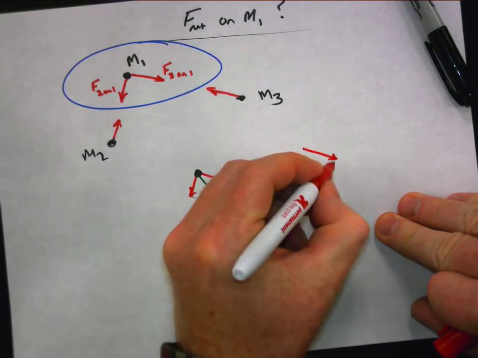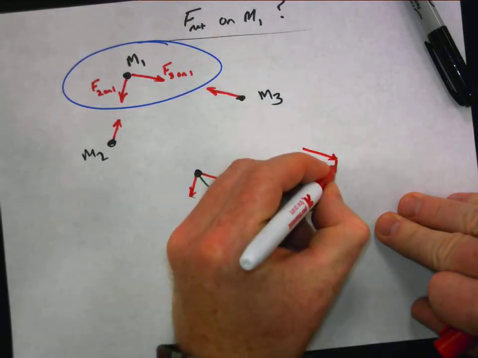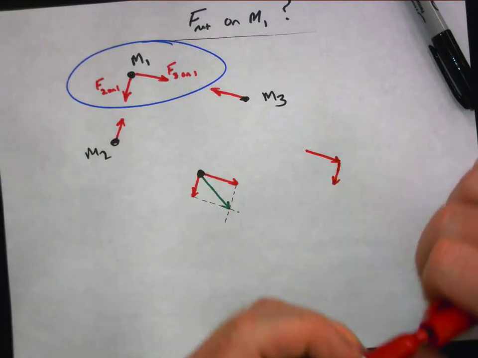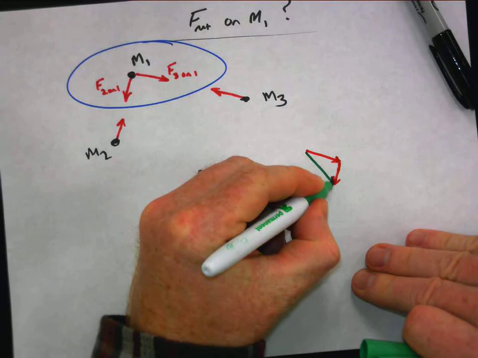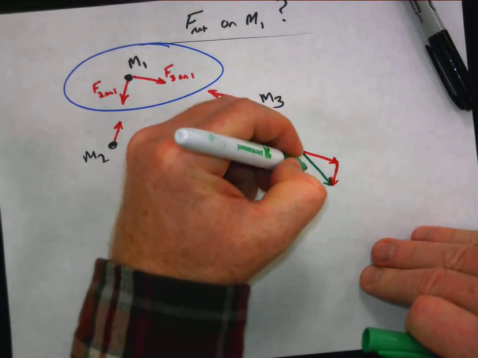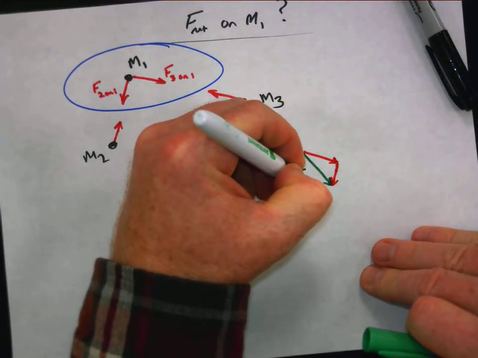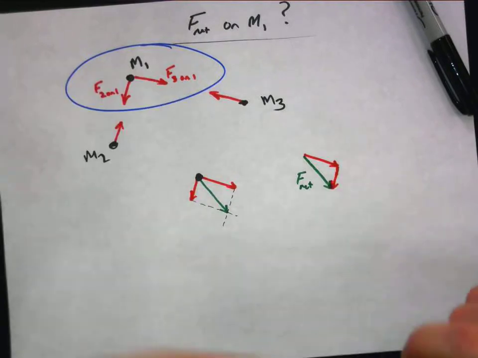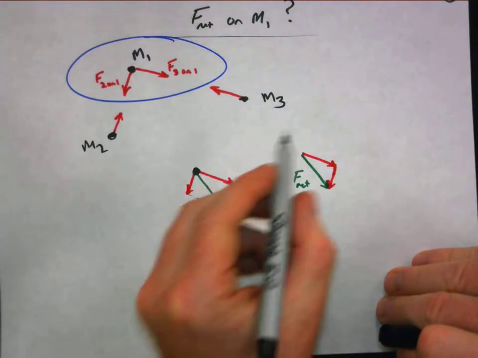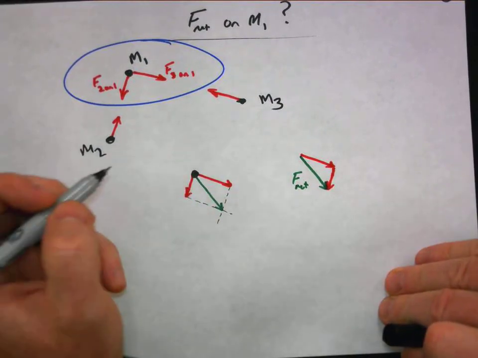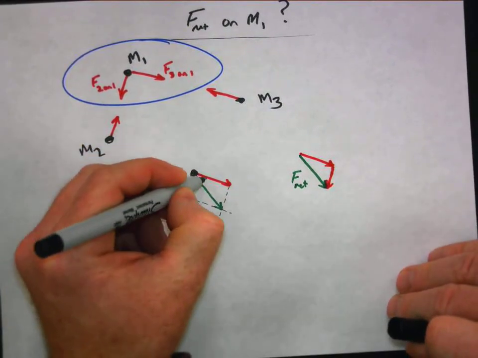I can redraw the whole thing to be a right triangle quite easily. There's one. I'll try to get it reasonably accurate. There's another one. And so, of course, my resultant is here. So this is going to be F net, and I have a right triangle if these two are at right angles to each other.